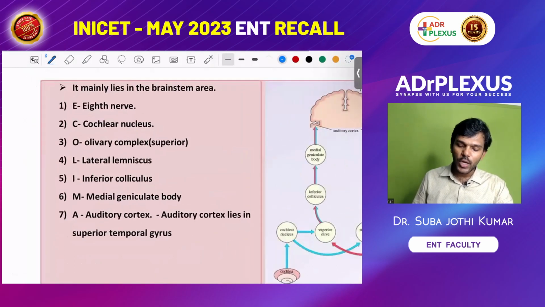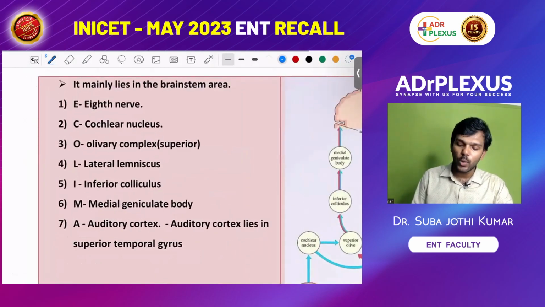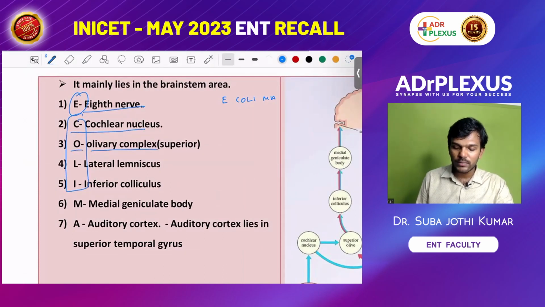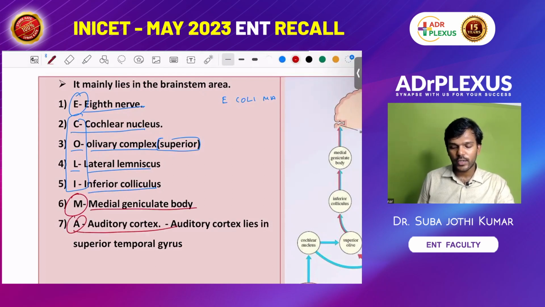Here you have to remember the mnemonic E COLIMA. E for eighth nerve, C for cochlear nucleus, O for olivary complex, which is the superior olivary complex, L for lateral lemniscus, I for inferior colliculus, M for medial geniculate body, A for auditory cortex.